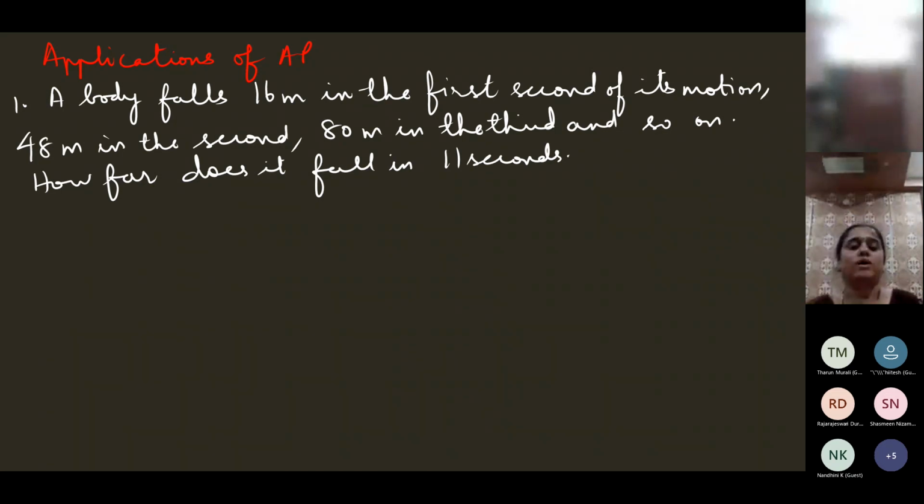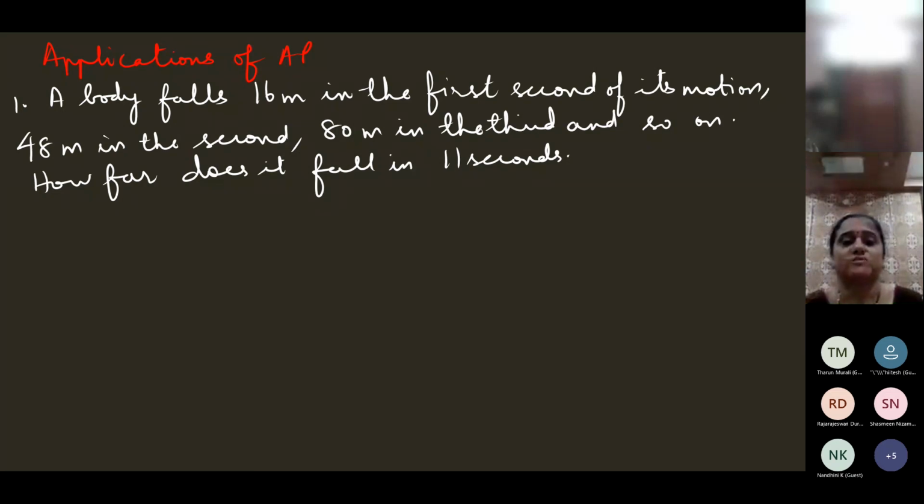A body falls 16 meters in the first second of its motion. So a body is thrown from a height. A body falls, that means it covers 16 meters in the first second, like 1 second, 2 seconds, 3 seconds, 4 seconds, like that.